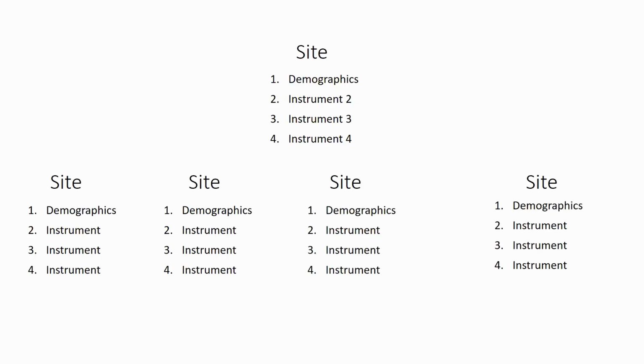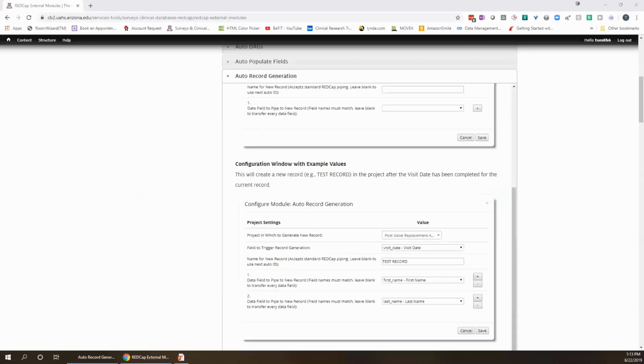And so what they really want is those demographics from those other sites to flow automatically into their parent site. Okay? Hopefully you're with me. So we're going to use this auto record generation module.